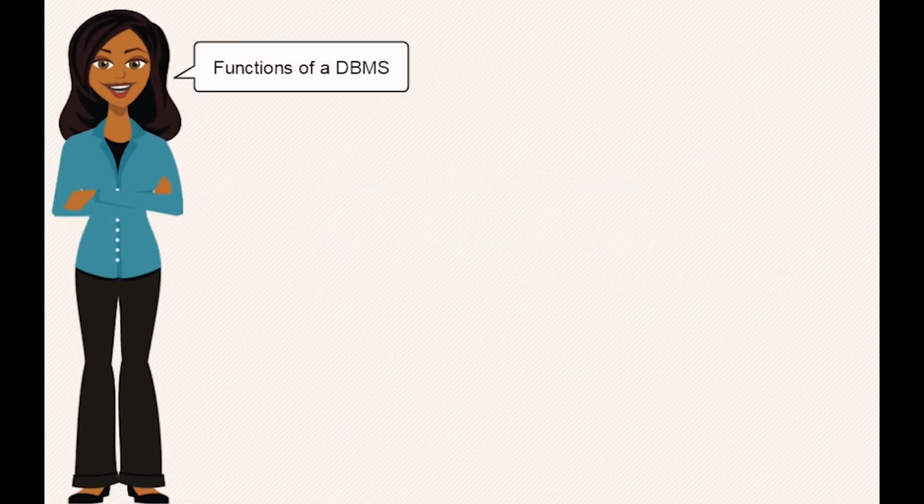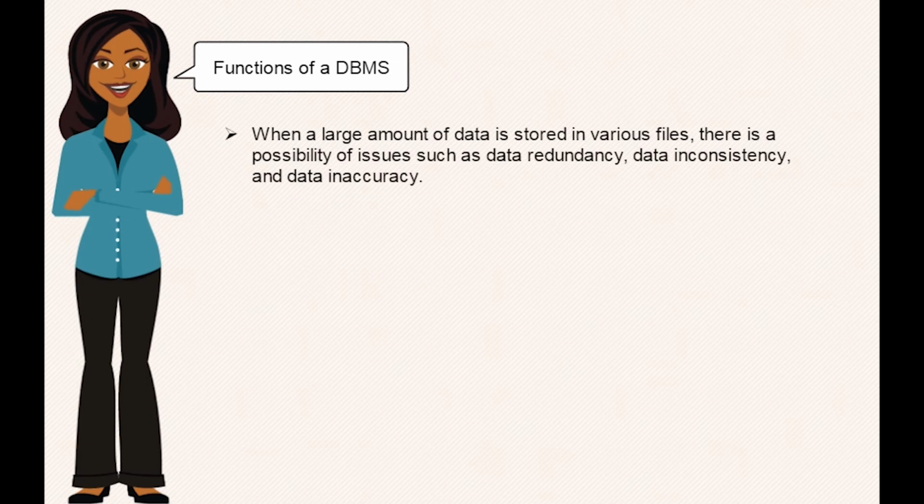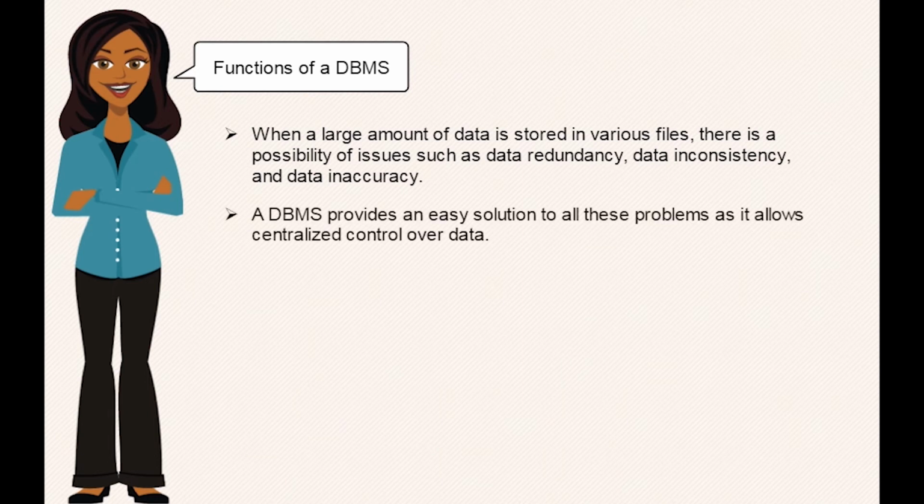Functions of a DBMS. When a large amount of data is stored in various files, there is a possibility of issues such as data redundancy, data inconsistency, and data inaccuracy. A DBMS provides an easy solution to all these problems as it allows centralized control over data.